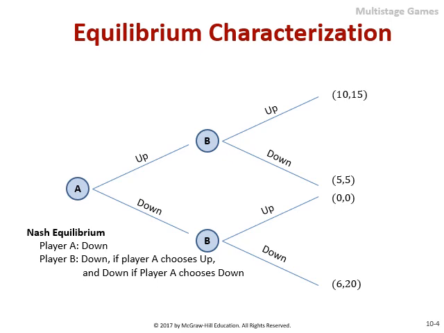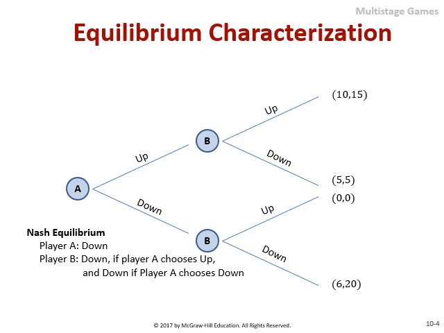Again, why do we specify the strategy for B in this way? Because it should contain an if condition, because B decides up or down based on what A does. We are calling this strategy a Nash equilibrium.